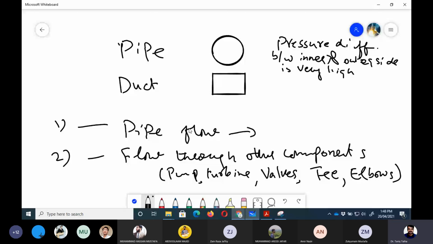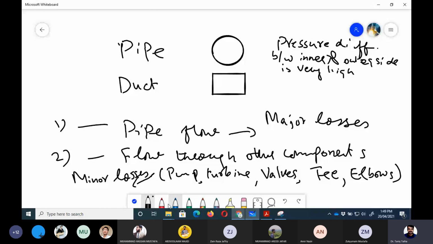It doesn't mean that the value of those losses would always be greater than the losses experienced in these components.